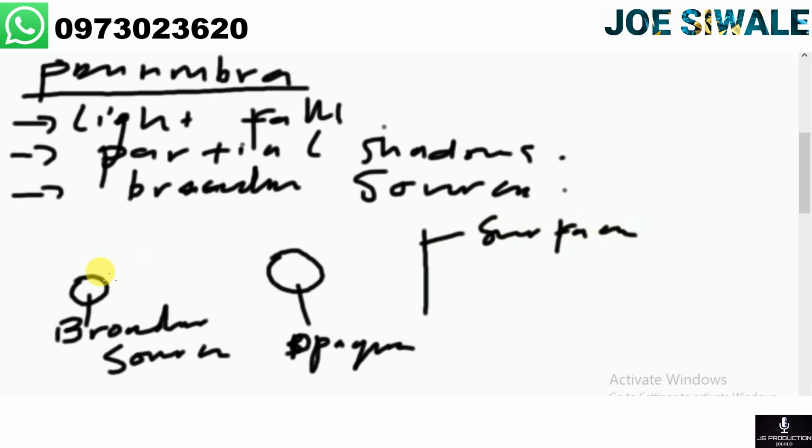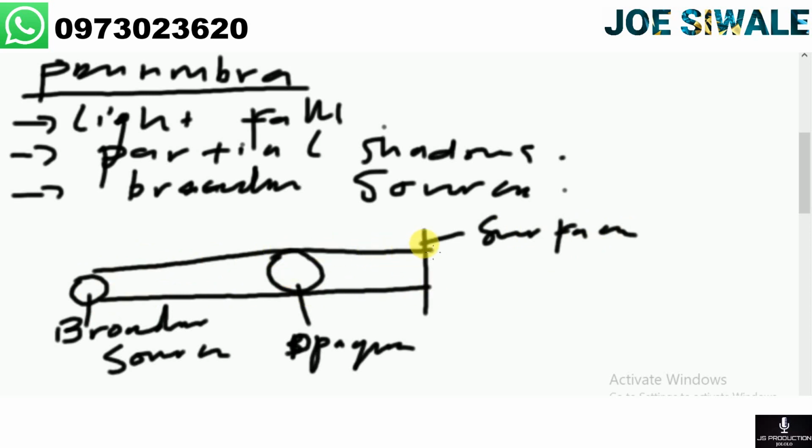As light comes from the broader source here, it will strike the opaque object, and our full shadow here is going to be formed. So we have this part, and this will be the dark shadow.